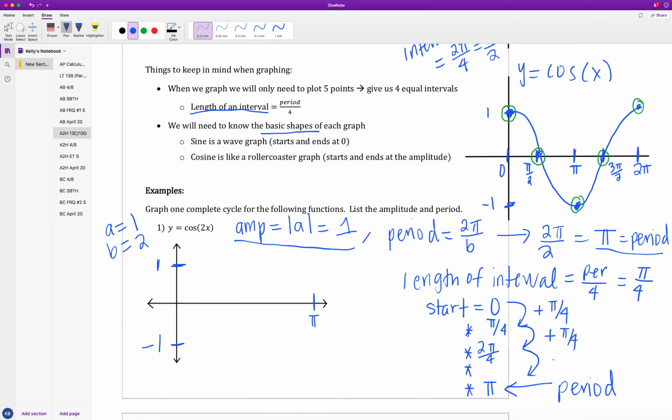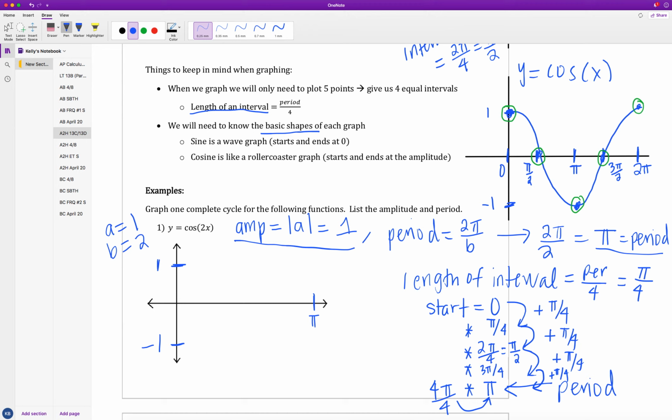And if I add it one more time, I end up getting 3 pi over 4. And then just as a check always, I should be adding it one more time. And that makes sense because I'd end up at 4 pi over 4, which is equal to pi if we reduce it down. The other one I can reduce, if you guys want to, is we can reduce 2 pi over 4 to be pi over 2.